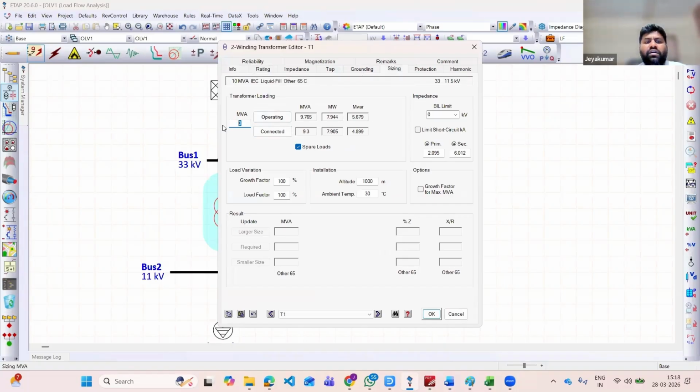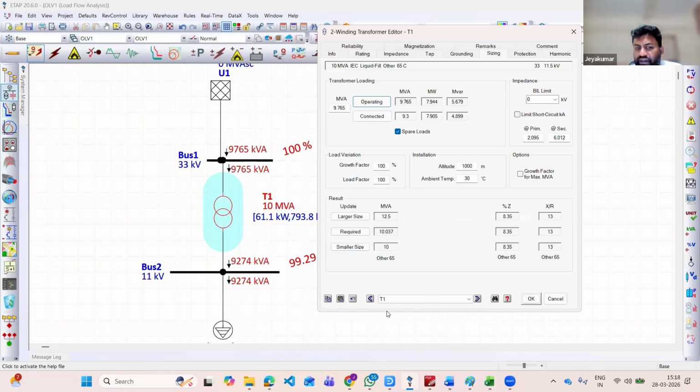Let's see. See, when you keep it, you see that it is suggesting some size. It is suggesting anything. But we have taken the smaller one, that 10 MVA, we are taking it, right? Actually you can choose anything.